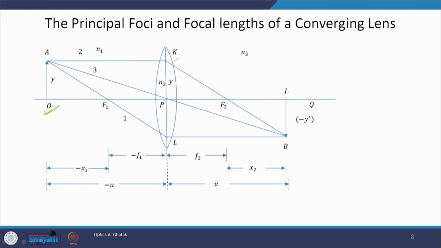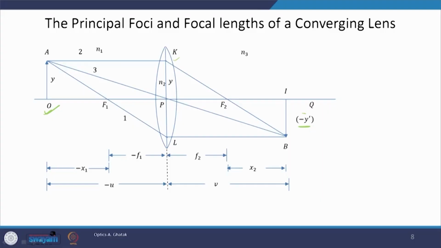Since the image is inverted, and the object was upright, above the axis of symmetry, the image is formed in a downward position. The height of the image therefore would be measured in minus. You see that the height is minus y prime.